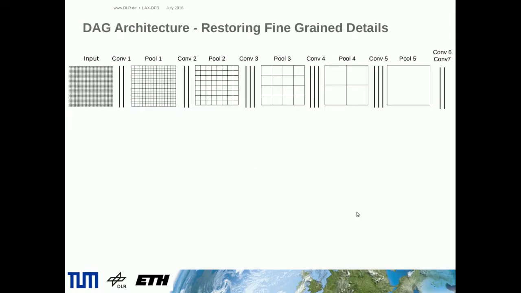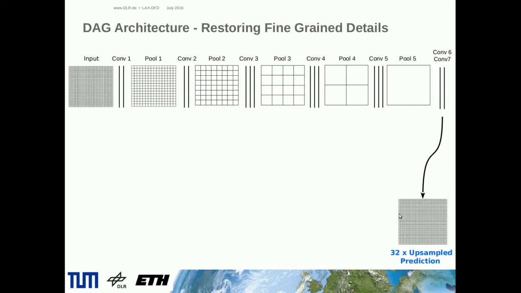To overcome the problem of the lost fine-grained details, we create a directed acyclic graph. In very simple terms, this means we don't have a sequential architecture with an input and an output. This is a sequential architecture: we start with the input, we have the convolutions, the pooling, convolutions, pooling, and so on. But we create additional connections.